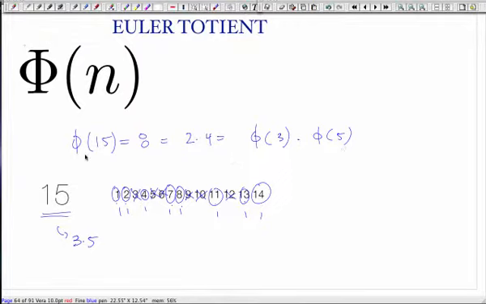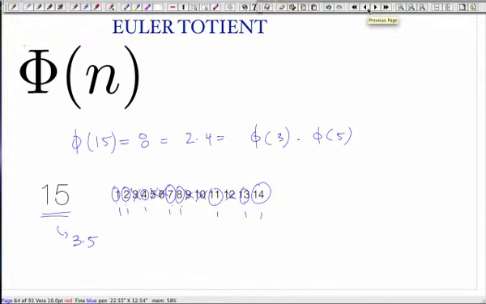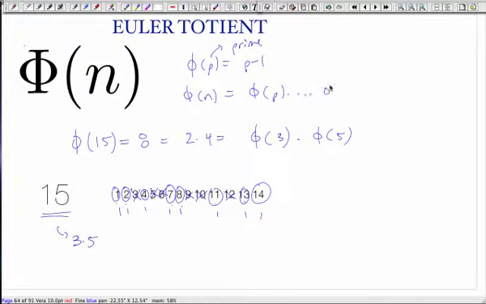So the point being that phi of a prime is going to be p minus 1, and phi of n is going to be the product of phi of all of its prime factors. Okay?